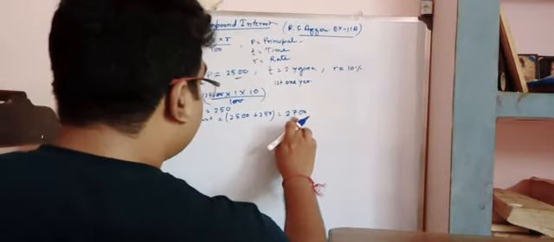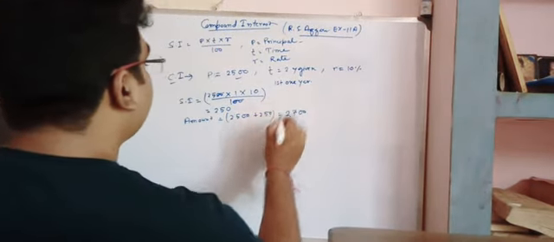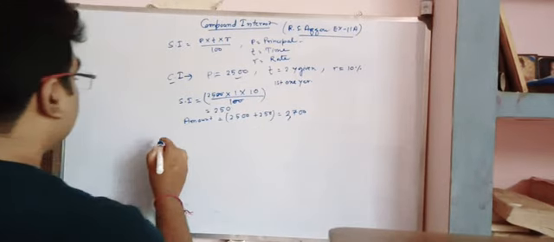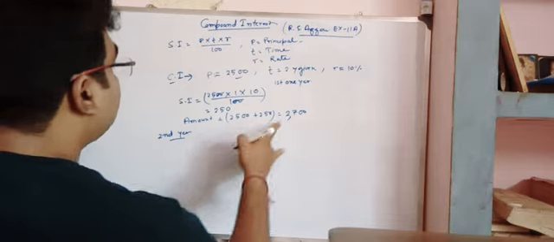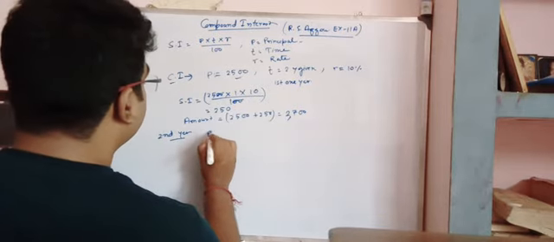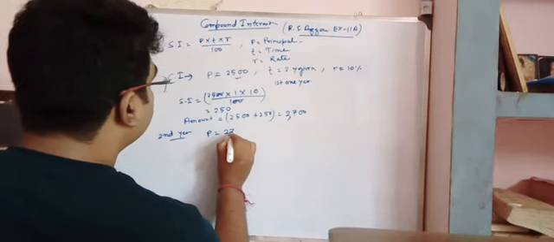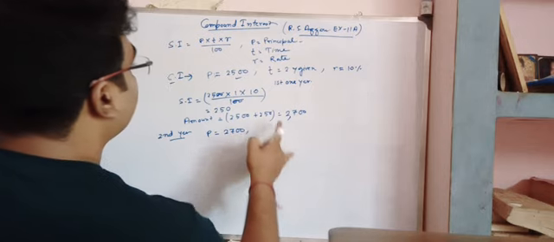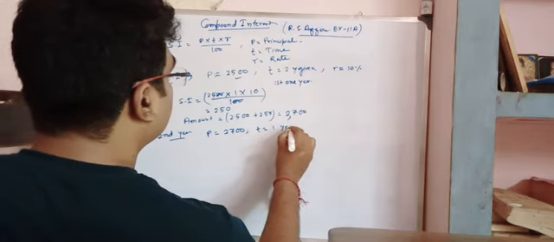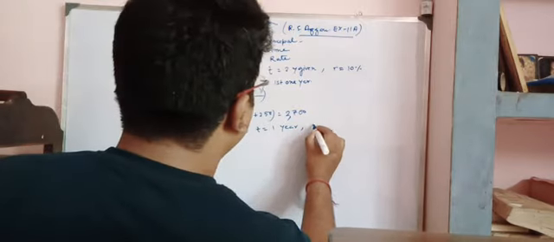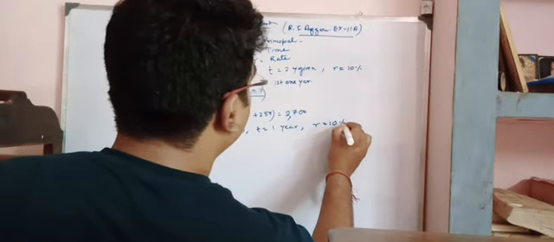Okay, that is for the first year. For the next, second year, we take the principal equal to 2750, T is equal to again 1 year, and rate is equal to 10%.